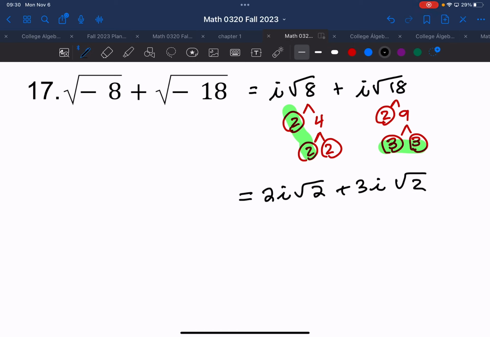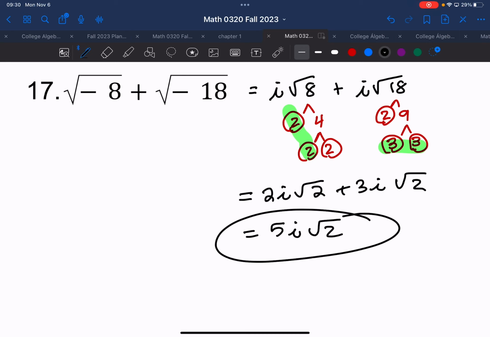Now do our square roots match? So if they match, we now add the outside terms. So what's 2i plus 3i? 5i square root of 2. That's our answer. When we're adding or subtracting, we cannot do that unless our square roots are the same.